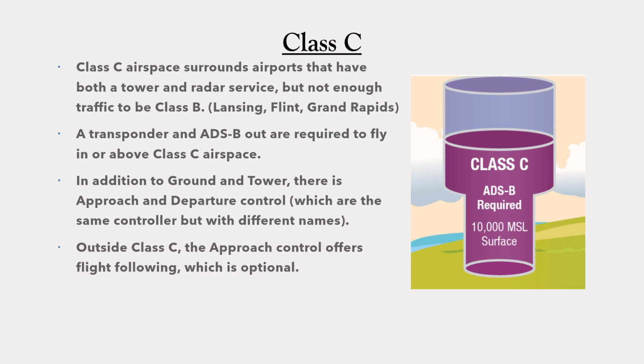And even when we're outside Class C, that approach controller can still offer you some services called flight following. Flight following is optional, but it can be a good idea sometimes. So the standard cloud clearance and visibility rules apply when we're in Class C.